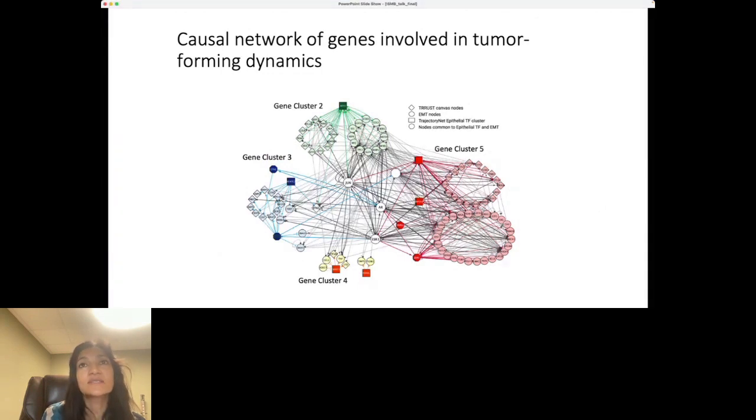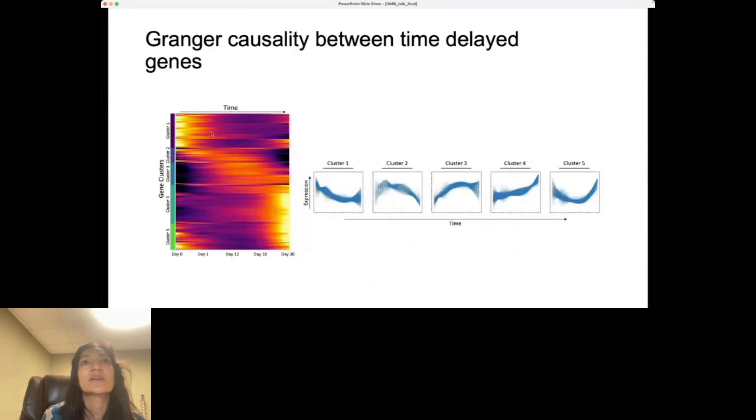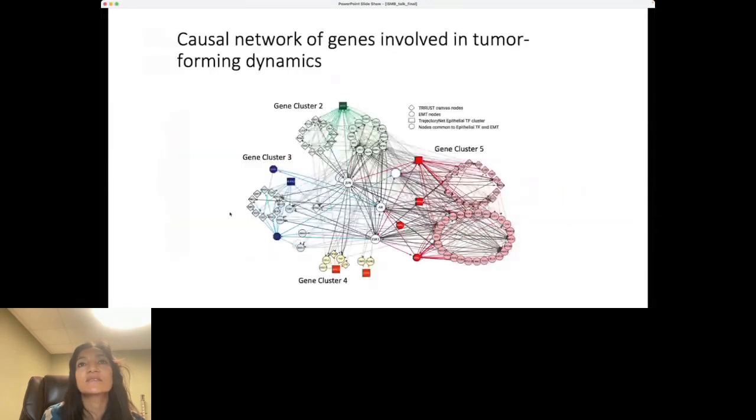In order to do this, more recently, I'll explain another method we're using, but this network was derived by taking these gene trajectories and running Granger causality, and that gives you this network of genes, and they're organized by time. So gene cluster 2 is generally turned on before gene cluster 3, and you start to see how this network sort of cascades to create these gene trajectories.